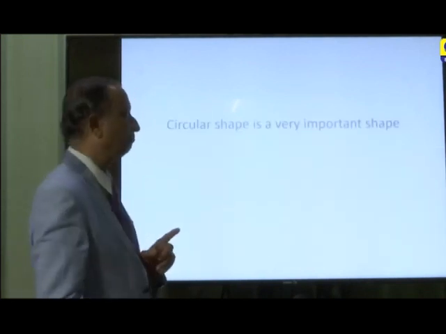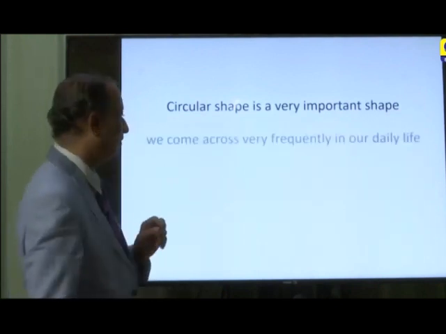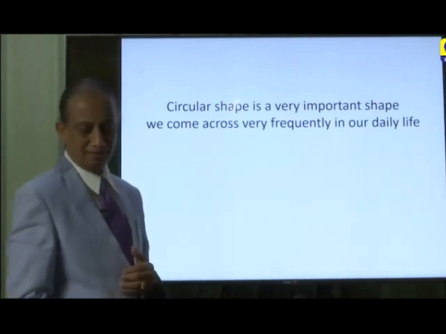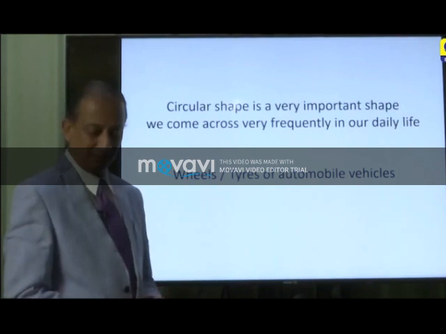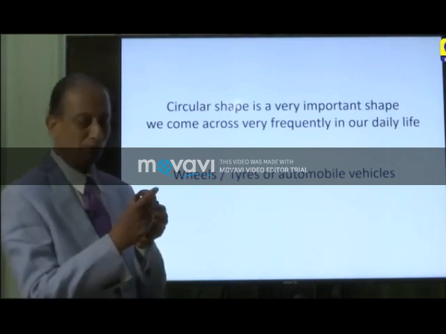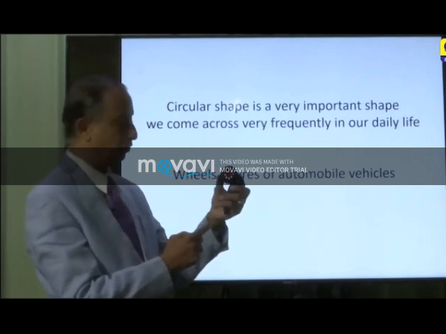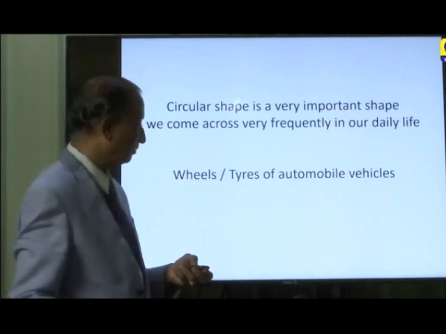Circular shape is a very important shape that we come across very frequently in our daily life. You have seen the wheels, the tires of automobiles. See here, the wheels, from a toy I am just showing it to you. So this is in a circular shape.